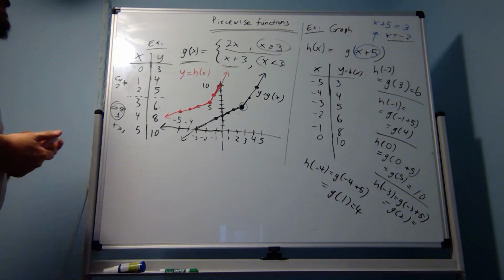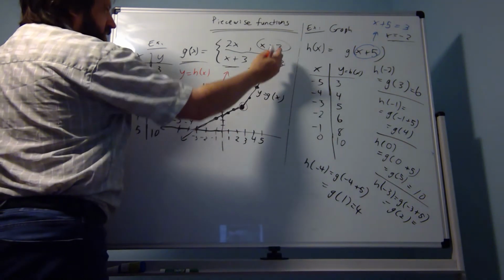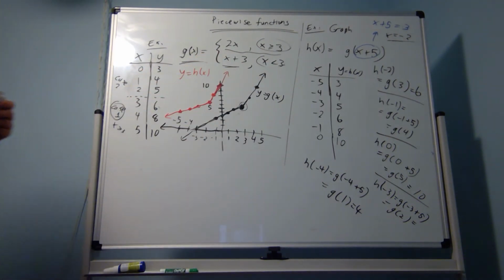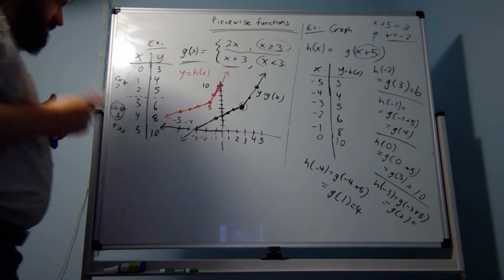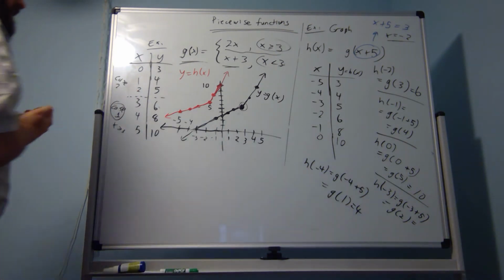This would be one of the more challenging problems, but for sure the part A, you should be able to graph a piecewise function. It's just knowing what the two cases are, and what it looks like here.